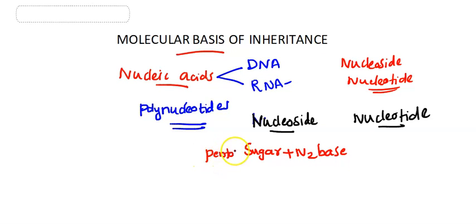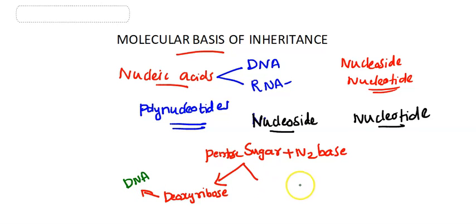This will be a 5-carbon sugar. A nucleoside is made up of pentose sugar plus nitrogen base. Okay, if you are taking DNA, then the name of pentose sugar will be deoxyribose. Deoxyribose sugar is present in DNA.